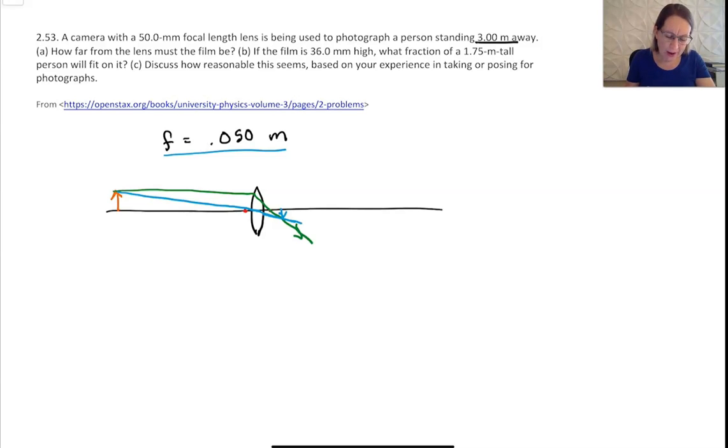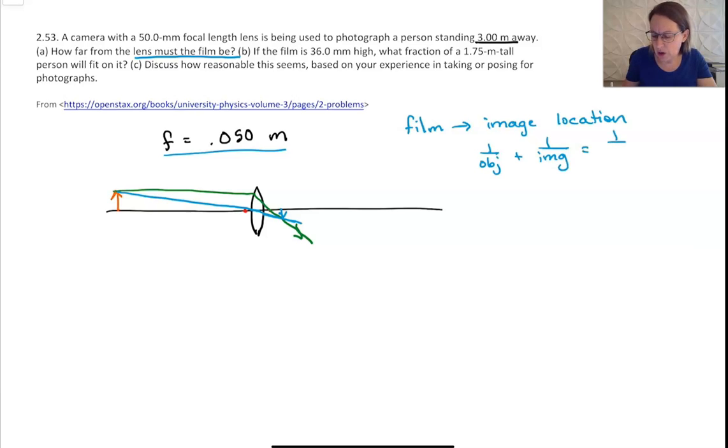So the question is, where should the film be? So the film needs to be where the image location is, right? At the image location. And so we'll go ahead and use 1 over the object distance plus 1 over the image distance is equal to 1 over the focal length. And so this would be 1 over 3 meters plus 1 over the image distance is equal to 1 over 0.050 meters.